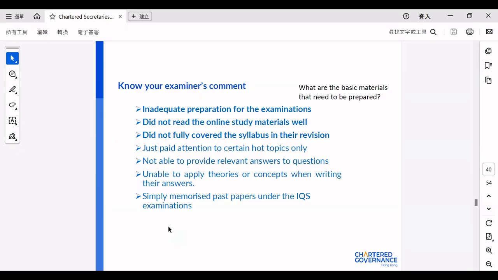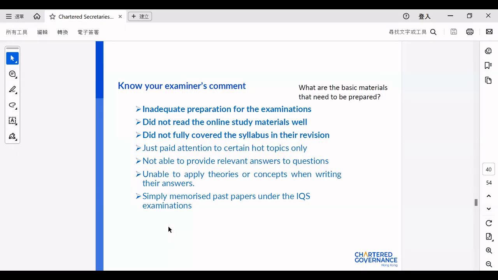Now, on the other hand, that doesn't mean you don't read the past paper. It's very important for you to read the past paper, to understand it, and to see what's being asked and what the answer is. But don't memorize the marking scheme as if it is a study guide.